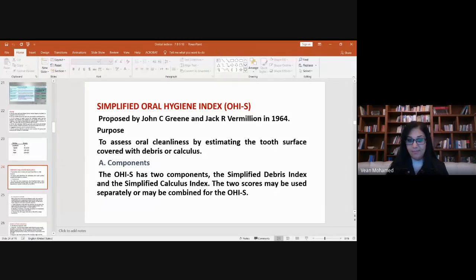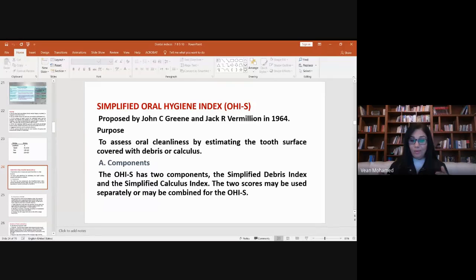The simplified oral hygiene index has 2 components: the simplified debris index and the simplified calculus index. The 2 scores may be used separately, if I want to know the calculus index or the debris index.